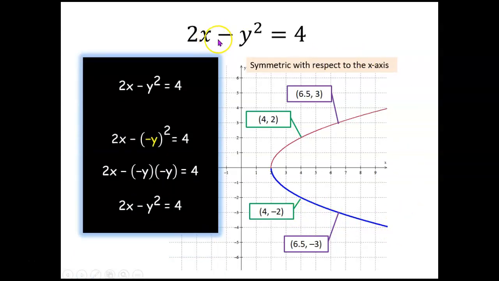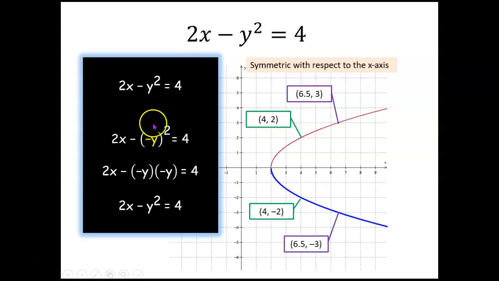We could have guessed that that was going to happen by looking at the way the equation was set up, because the y-coordinate in the equation is being squared. If y is a negative number, or if we replace y with -y, then when we square that, a negative times a negative comes out the same as a positive times a positive.